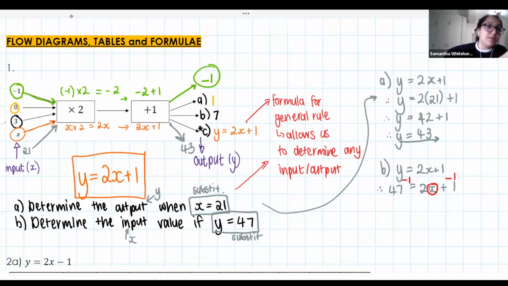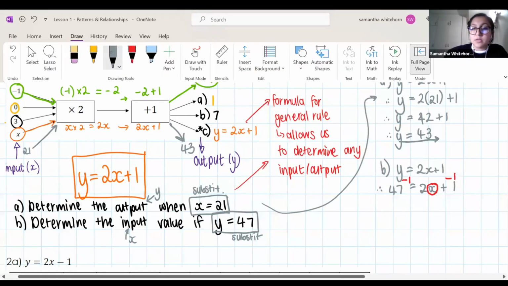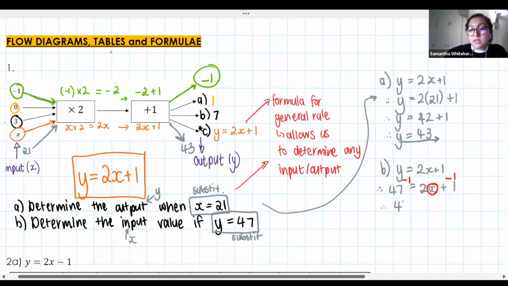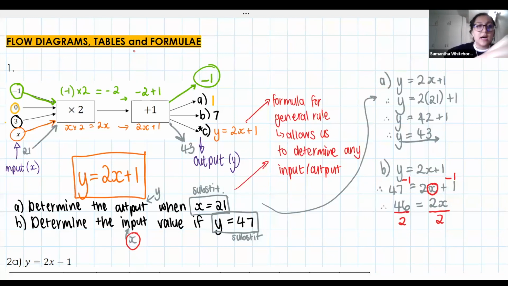So the first thing I'm going to do is subtract 1 on both sides to get 2x alone. So this becomes 46 is equal to 2x. Now remember, the goal is I want x. So I need to get rid of this 2. I divide it away on both sides.